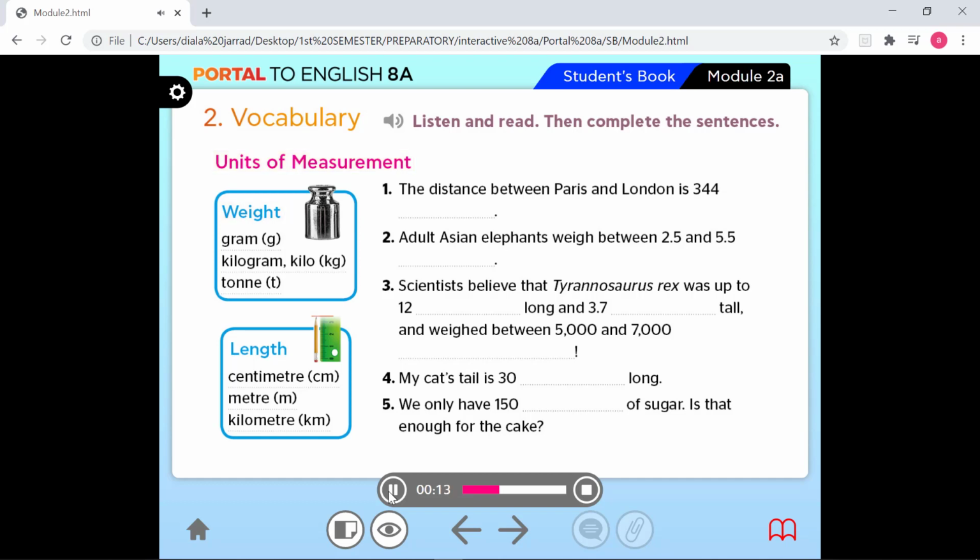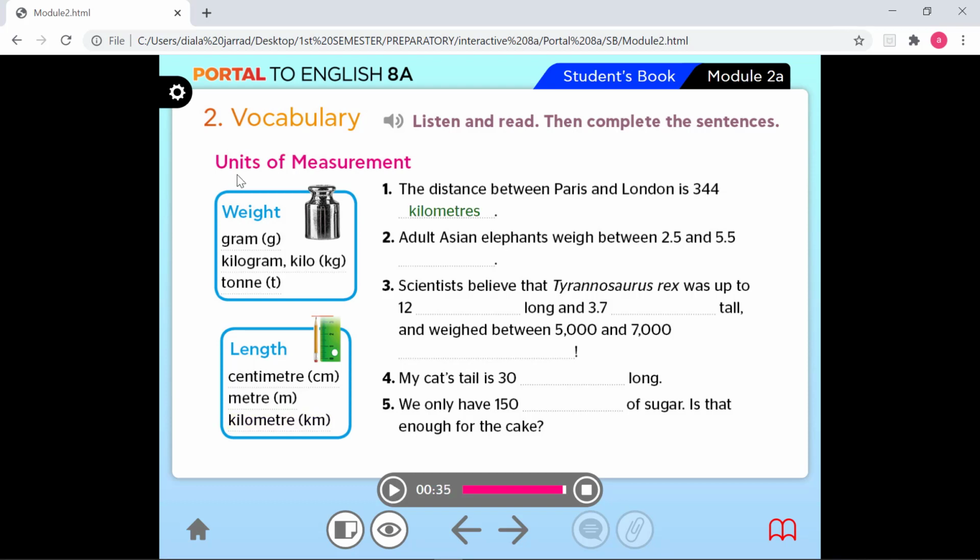Weight. Gram. Kilogram. Kilo. Ton. Length. Centimeter. Meter.